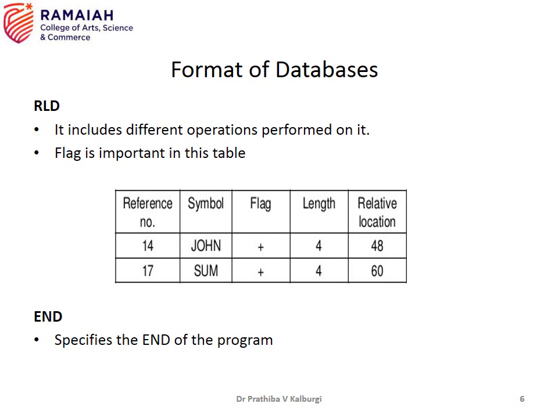If you observe in the table, we have the reference number, that is the card number, as 14, which contains the symbol, the name of the program John, and the flag is represented as plus, along with the length of the symbol, and the relative address is specified as 48, identified at card number 14. Similarly, for reference number 17, we have the relative address location as 60, and the length is specified as 4.